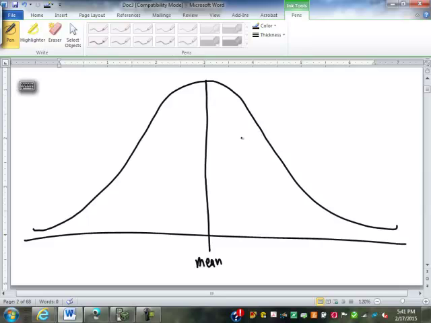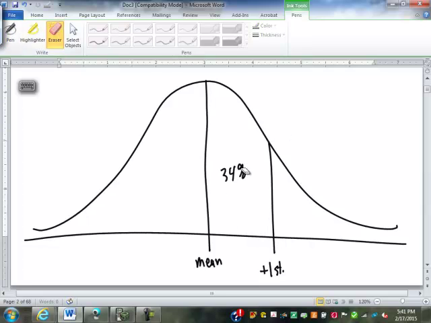And then we can go out from that mean in steps of 1 standard deviation. If we go 1 standard deviation above the mean, we expect 34% of the data to be in there. In fact, your book uses a bit more exact. It's about 34.13% of the data that we expect to be in that range.